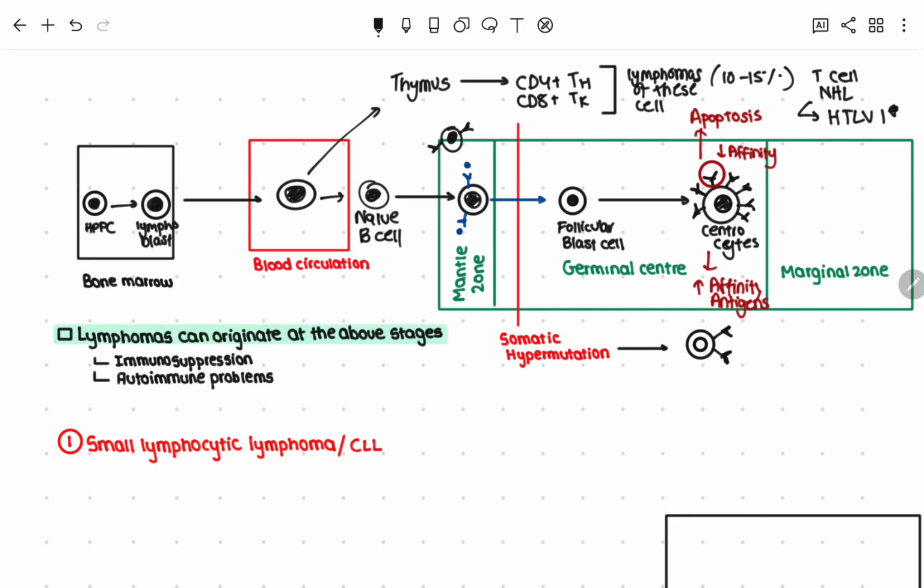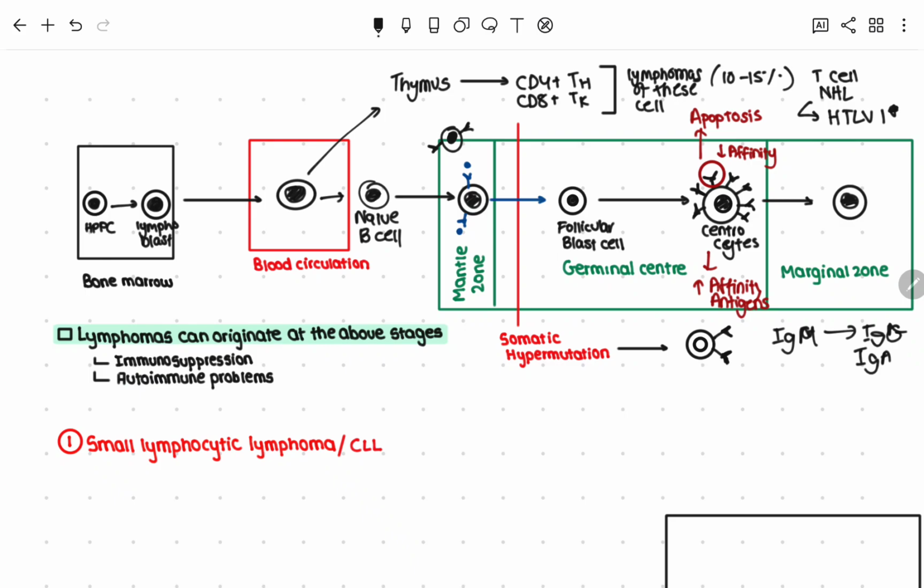And that, if you remember again from biochemistry, class switching basically means you change one isotype of your immunoglobulin to another type. So it begins as IgM, forms IgG, can form IgA, and so forth. Not really too relevant, but just something you need to understand in general, right? Once all of this happens, once all of this is done, you have a marginal zone lymphocyte.